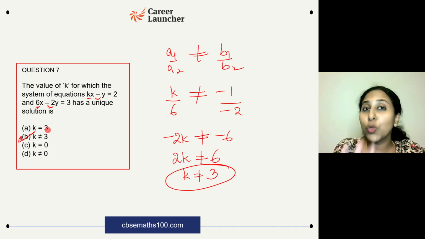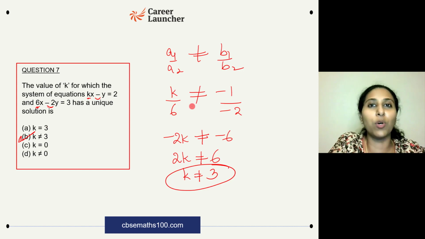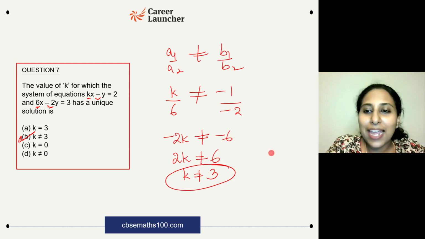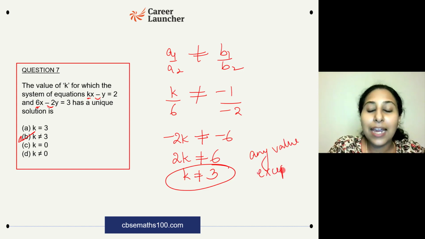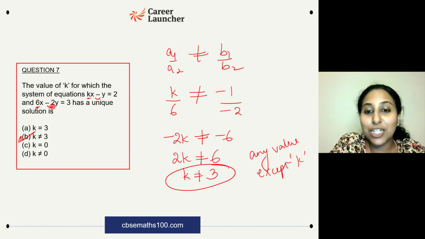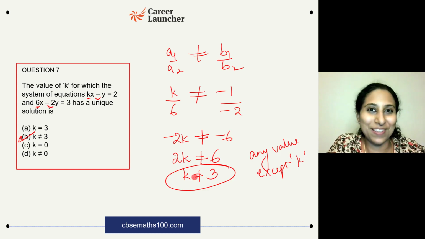When we are having unique solution, what we have to put is the not equal to symbol. For any value other than 3, you will have a unique solution. If k is equal to 3, you cannot have a unique solution. So the condition is k should not be equal to 3.